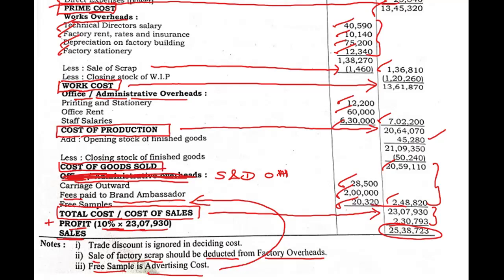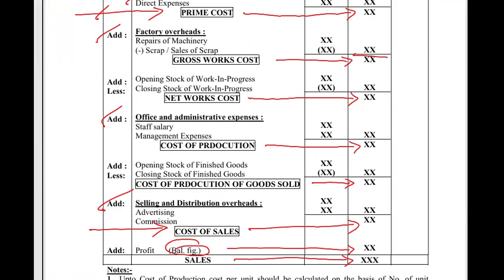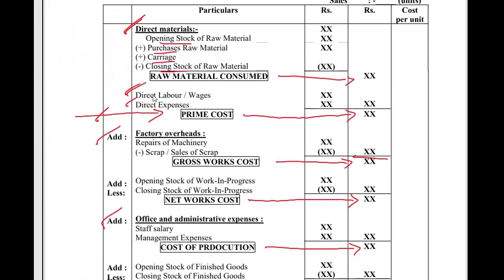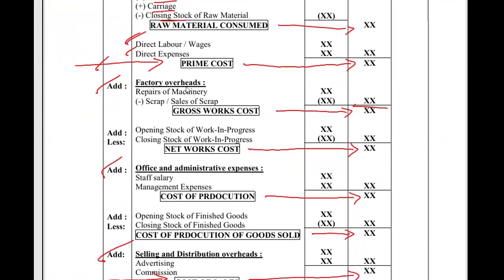We've gone through the theory parts: direct material, direct labor, and direct expenses form prime cost. In prime cost, adding the factory overheads, we'll get the gross work cost. In gross work cost, after making adjustment of opening and closing stock of work in progress, we'll get the net work cost.